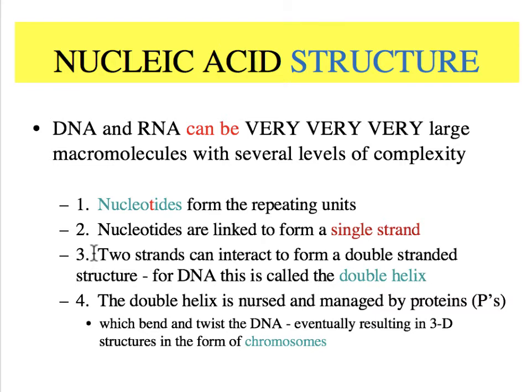RNA molecules can temporarily form double-stranded regions, as we'll see later. The double helix itself is managed and nursed by accessory proteins whose job it is to bind and twist the DNA, forming its three-dimensional structure found along chromosomes.